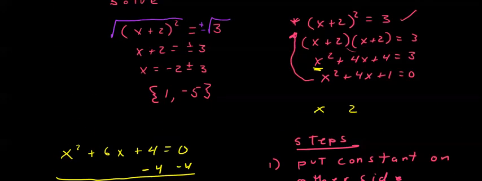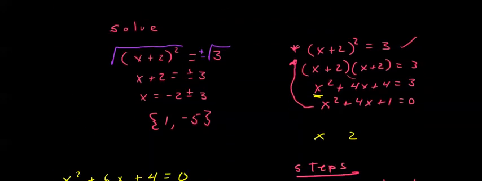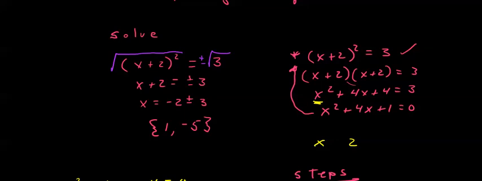If you look over here, half of 4 is 2, squared is 4. That's all we're doing.